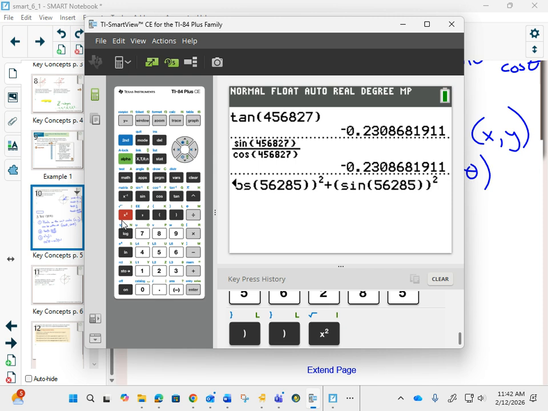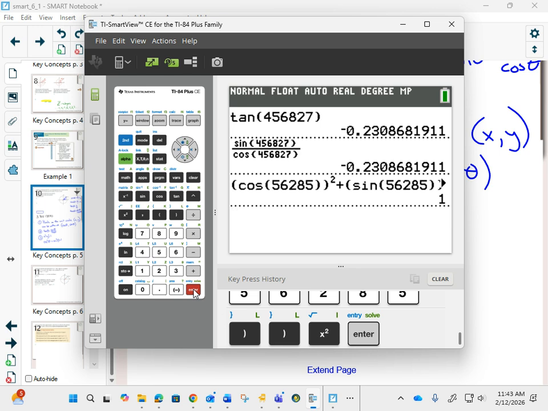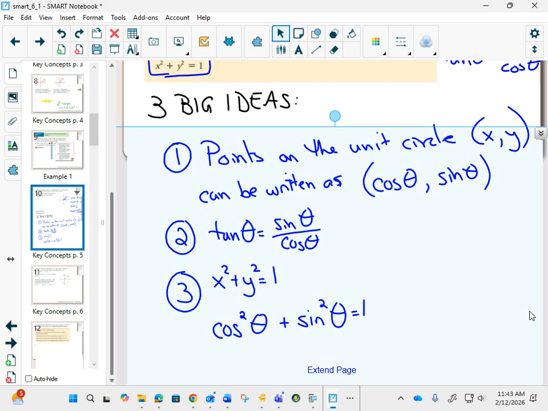Then add those 15 decimal places together, and we get 1 every single time. Sine squared theta plus cos squared theta is equal to 1 if the thetas are the same. You can't make one 56285 and the other one 56284. No, it will not work. They have to be identical, but if they're identical, that is our big idea number 3.